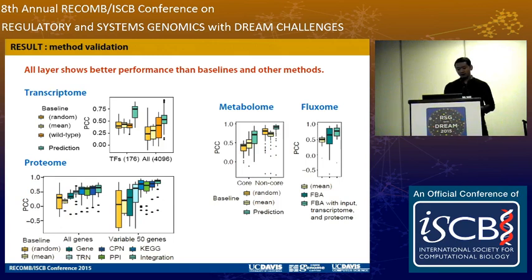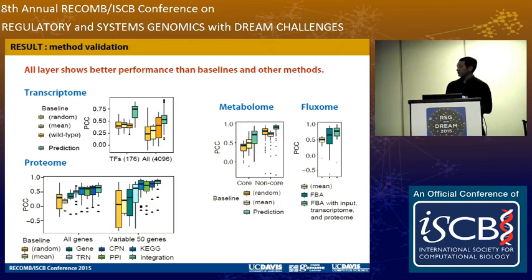So we have validated this method layer by layer. For example, for the transcriptome layer, we have shown that the performance is better than 3 different baselines. And this performance increases when we focus on transcription factors only.